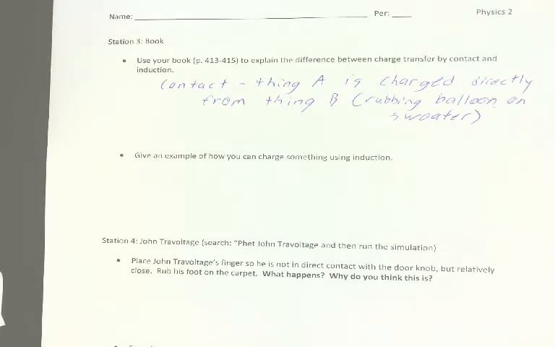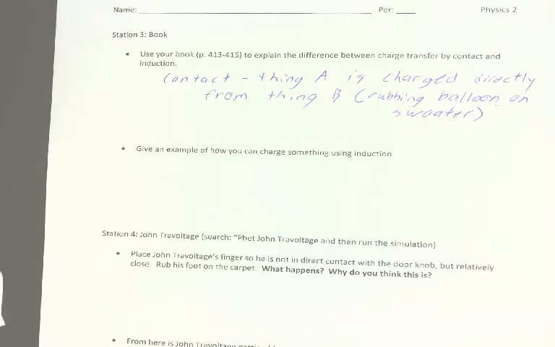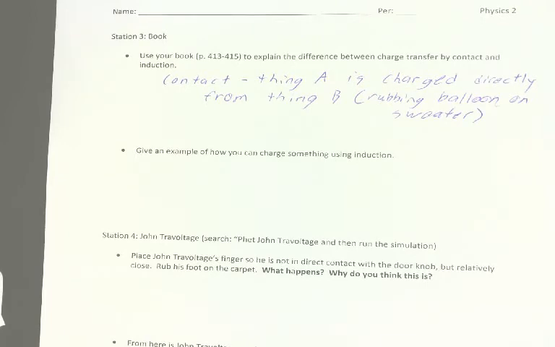I'm taking it directly off of the sweater and putting it onto the balloon. Notice that that doesn't have any effect on the yellow balloon because the yellow balloon has not been charged yet. So that's direct transfer from A to B. Where did B get its charge from? It got it from A. So that's transfer of charge by contact.